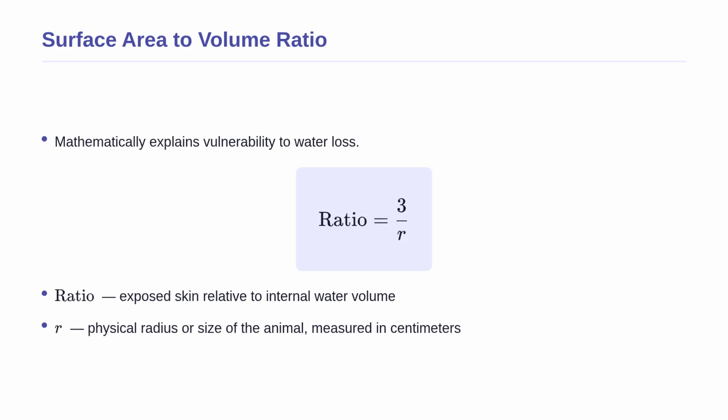The variable r represents the physical size or radius of the creature. What this formula tells us physically is that the ratio is inversely proportional to the radius. As the radius r increases, meaning the animal gets larger, the overall ratio decreases dramatically. This protects larger animals from rapid evaporation.